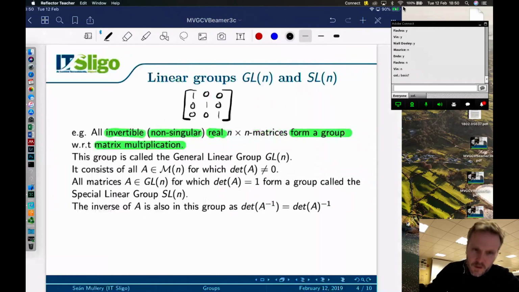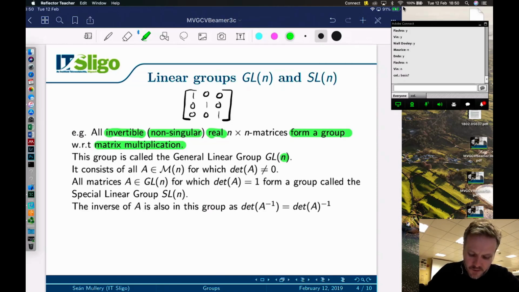So this group is called the general linear group, GL, and N stands for the size of it. For example, if we're dealing with 3x3 matrices, the N value would be 3. That's separate from the group of 4x4 matrices. Each one of these separately forms a group, and it will land back inside it.